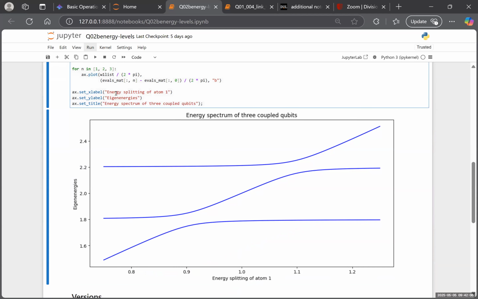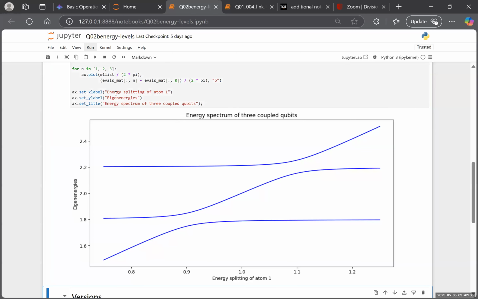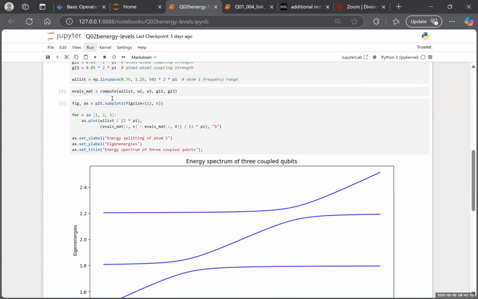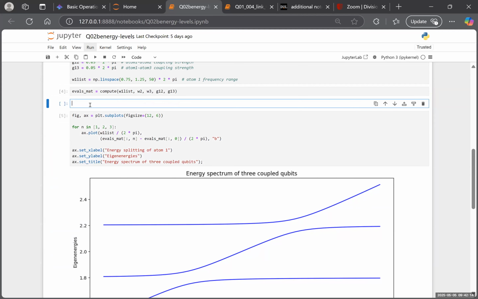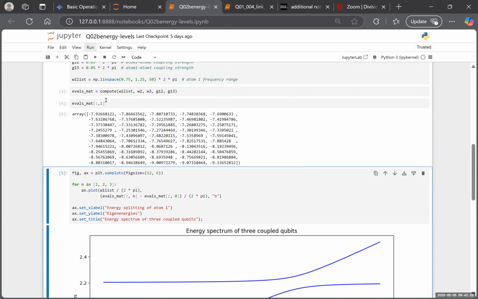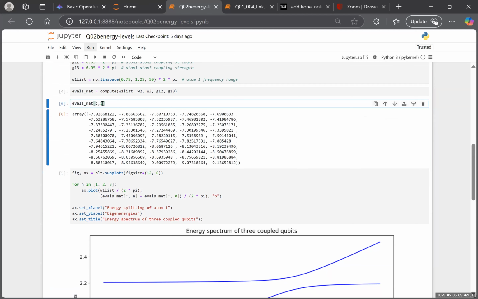Okay, and then plot the energy. You can maybe just show that we can bring this, for example, show this. I wonder where is the 0?